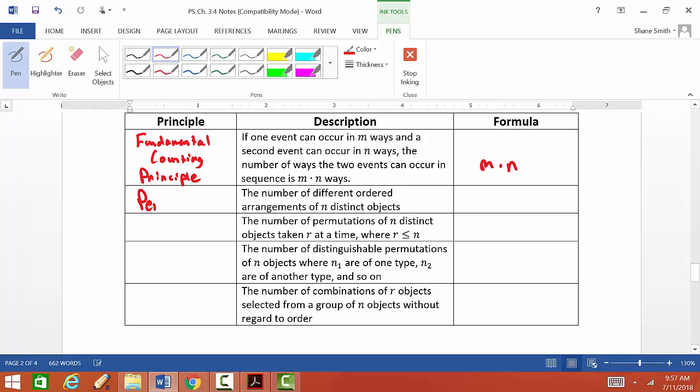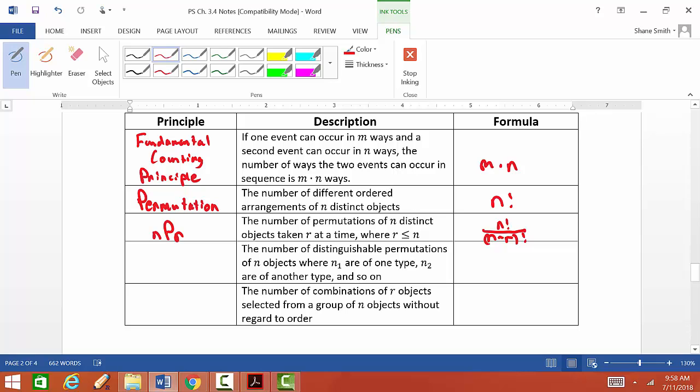There's a basic permutation, which is just rearranging n number of objects, so that's just n factorial. There's a permutation of nPr, so r objects from n. So that's going to be n factorial over n minus r quantity factorial.